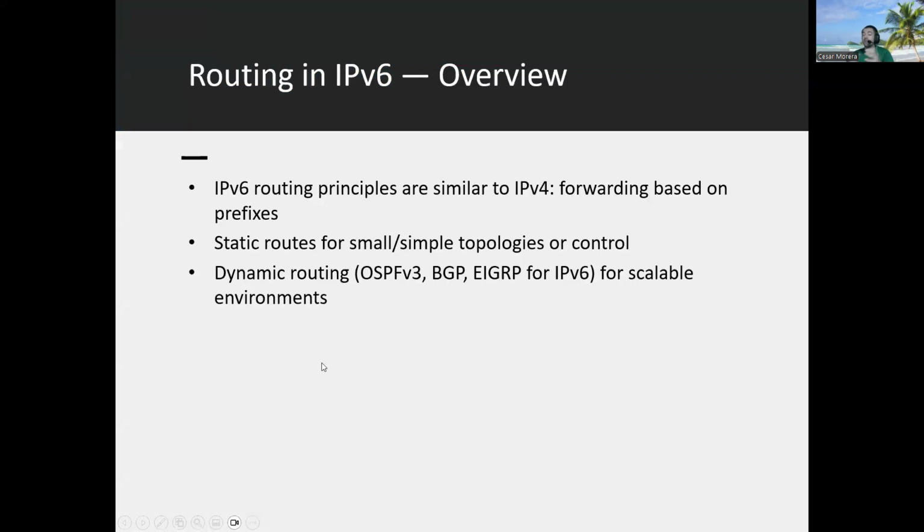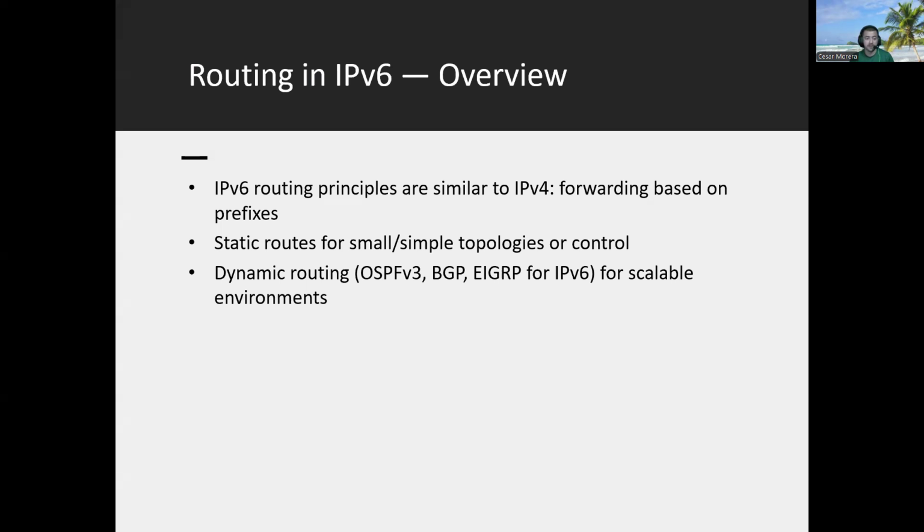This is an overview of routing in IPv6. IPv6 routing principles are similar to IPv4: forwarding based on prefixes, with static routes for smaller, simpler topologies or control.